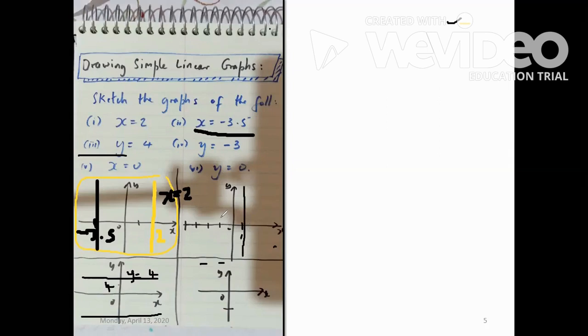If we ask to draw the line x equals negative 1, it will be a vertical line passing through negative 1. If we were to ask to draw the line x equals 0, it would have to be this line here. But the line is already there. And would you agree with me that line is actually the y-axis? So when it asks us to draw the line x equal to 0, that's actually the y-axis.